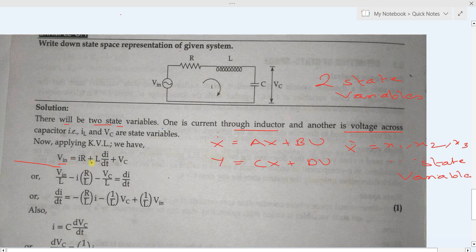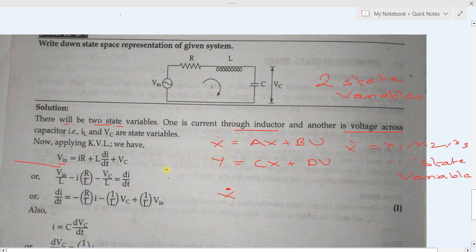Now we change its form by dividing both sides by L. We get Vin/L minus IR/L minus Vc/L, which gives di/dt. Why are we calculating di/dt? Because we need the state equation, which is given by x dot, and x dot means the derivative of something.